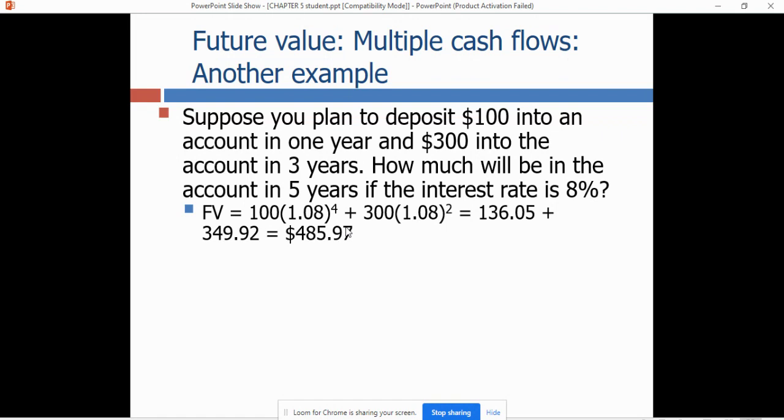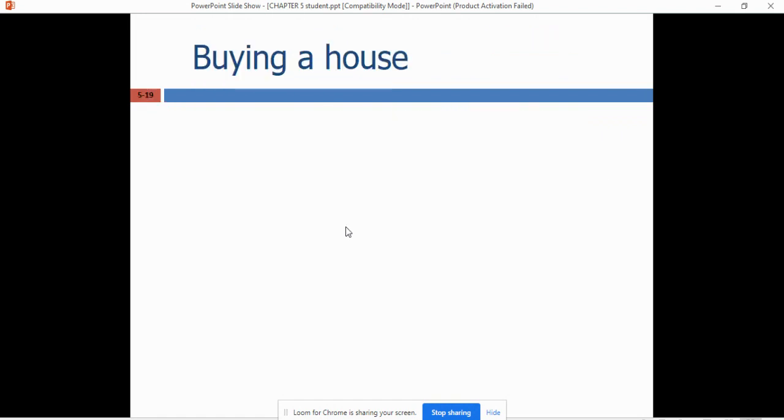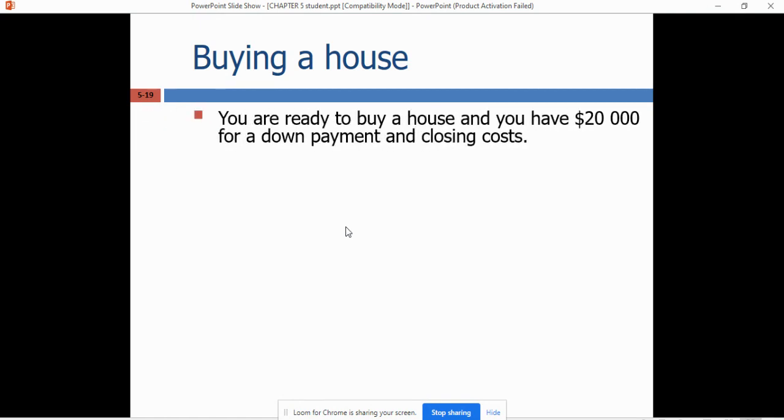All right, so let's move on to the next question, buying a house. All right, this is something more practical and a bit more complex than the previous examples, those which are quite straightforward. So let's look at the question now. You are ready to buy a house and you have 20,000 down payment and closing costs.